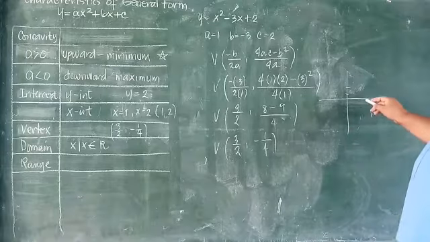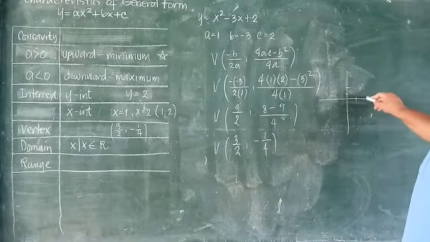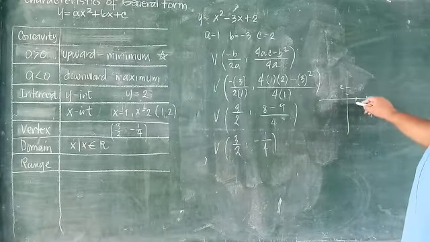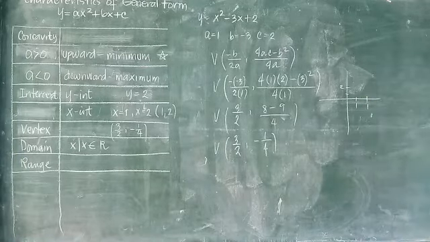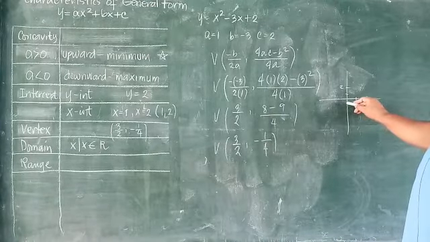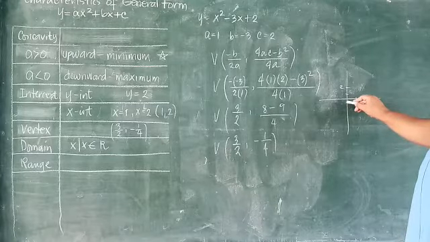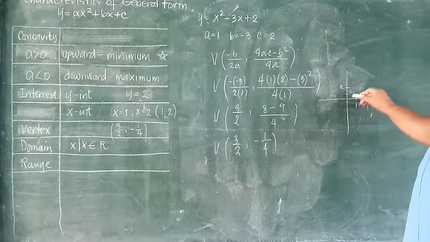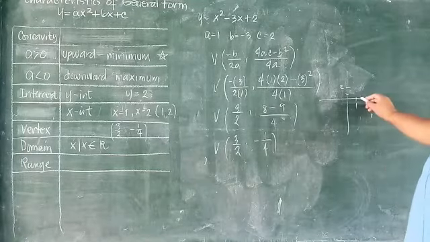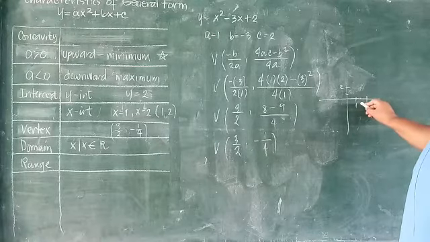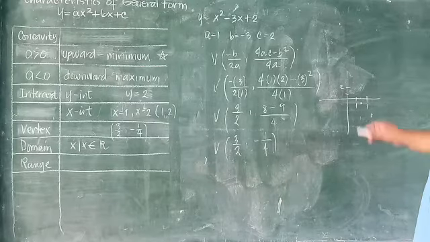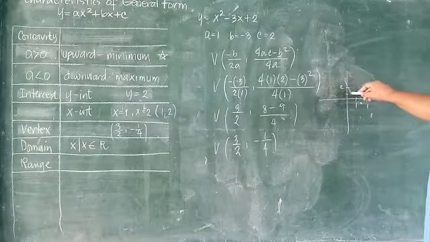Your x-intercepts are 1 and 2, and your y-intercept is 2. Your vertex is 1.5 for x, and negative 1/4 for y, so it's probably around here. So if you're going to sketch your graph, it's probably going like this.